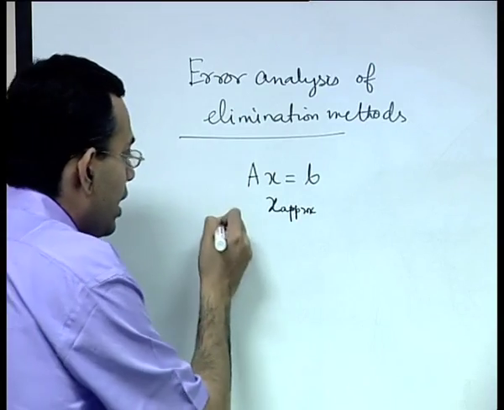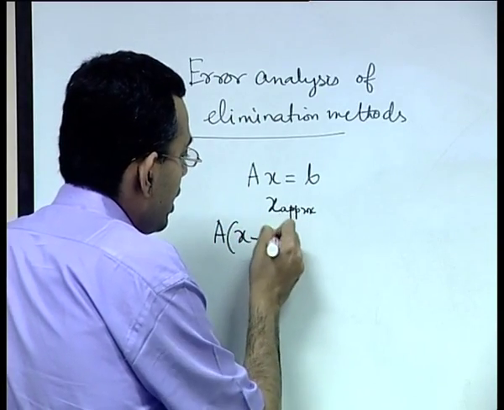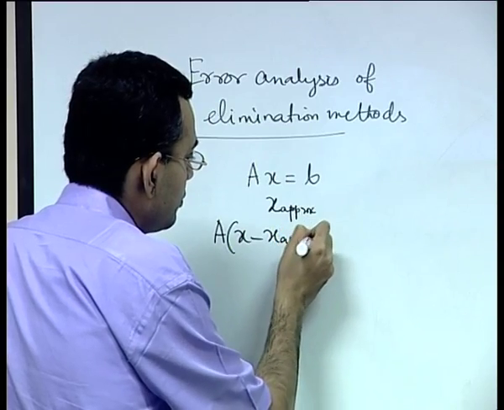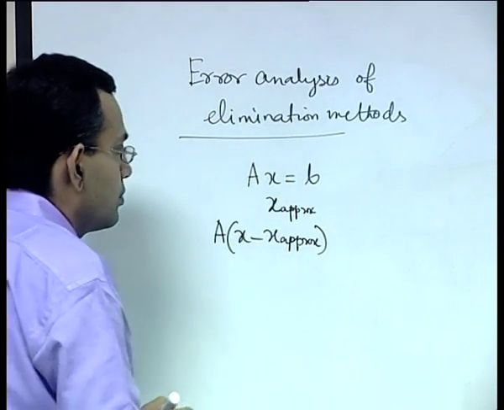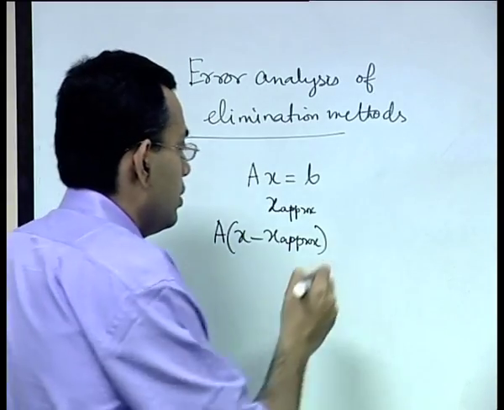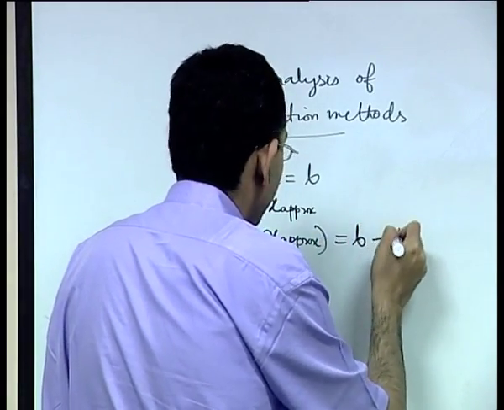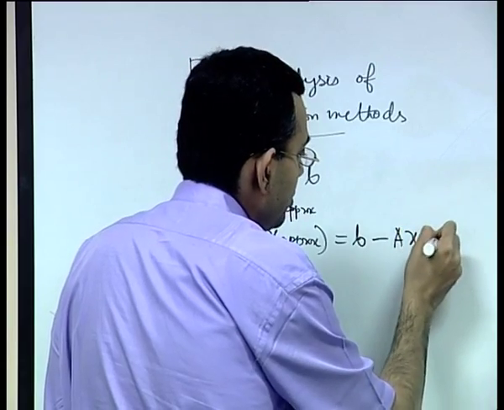So, A into (x minus x approximate) is equal to b minus A into x approximate.